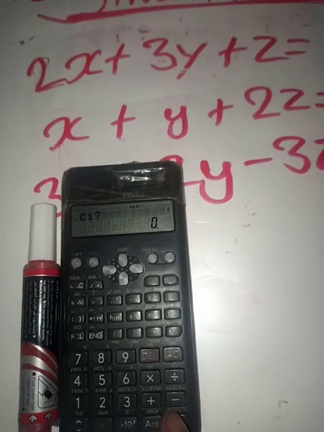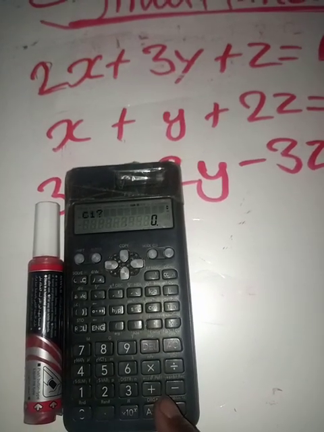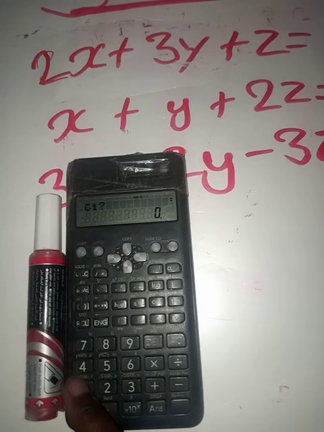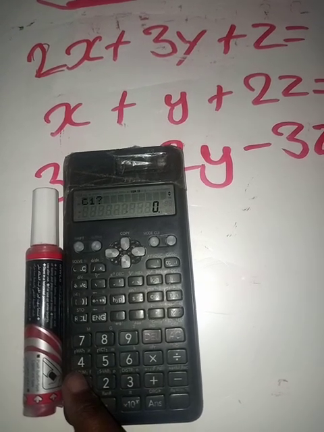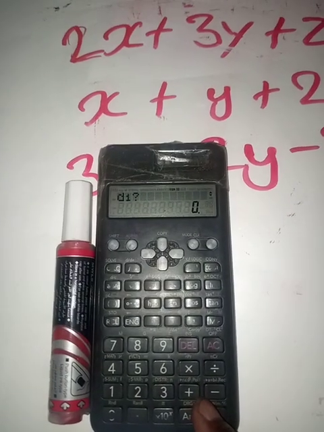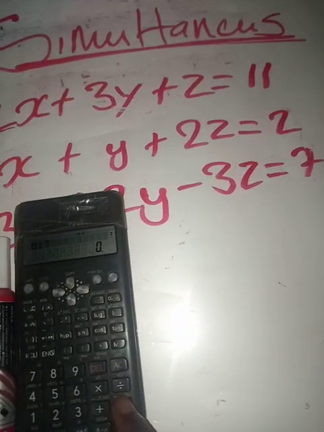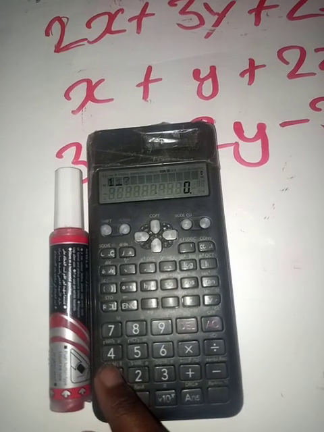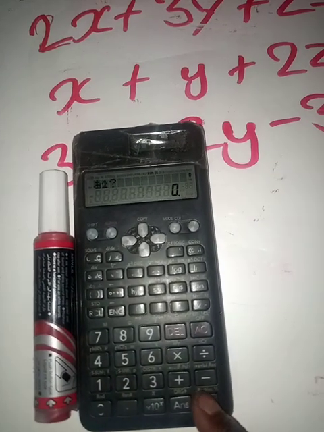Again, it is going to bring c1, which is z. Z has the coefficient of 1, so we are going to put 1. Then we type equals. The same procedure. What are we having at the last there? We are having 11, so we type 11. Then we type equals again.